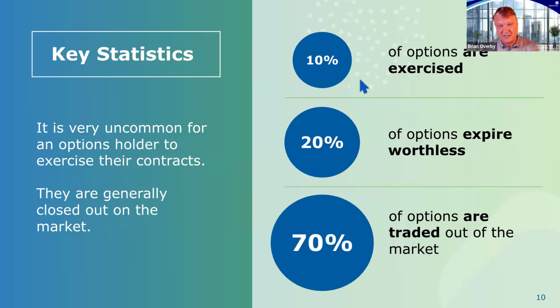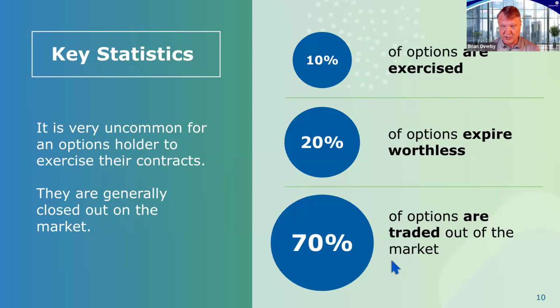I think exercise has kind of bumped up a little bit because of the thing that I mentioned at the top of the show, that nowadays, the fact that there is no commission to buy the stock if you exercise or get assigned changes the dynamic of the marketplace a little bit. So I think that percentage has gone up a little bit higher as far as the number of option contracts that are exercised or assigned.